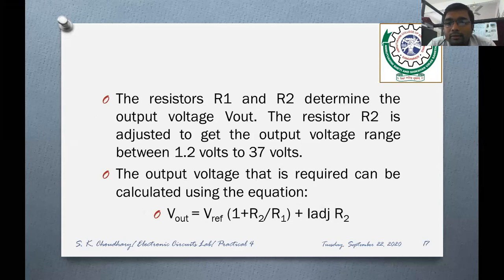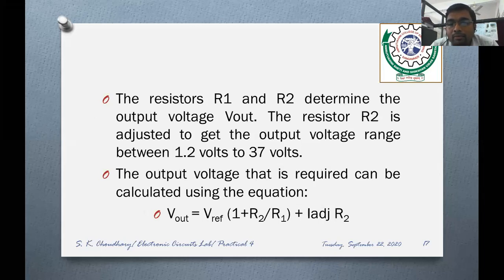And apart from this, there are 2 resistors R1 and R2 that are used to determine the output voltage. The resistor R2 is an adjustable resistor and it can be adjusted to get the output voltage in the range 1.2 volt to 37 volts.